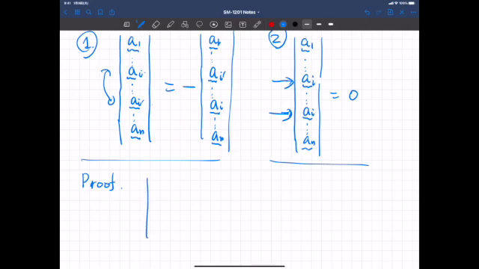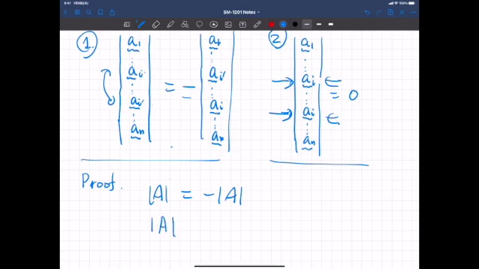But according to the first part, the sign should be negated. So the determinant of A is equal to negative determinant of A if we swap this row and this row. But they still have the same value.